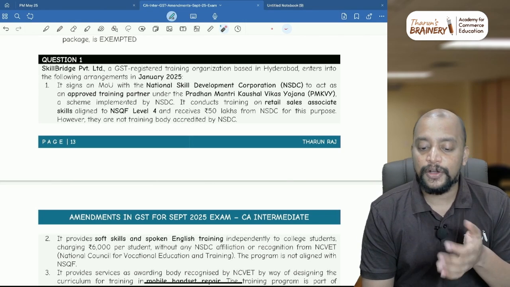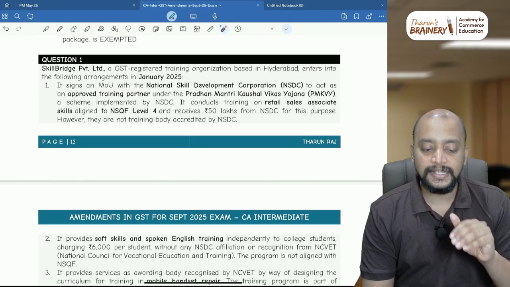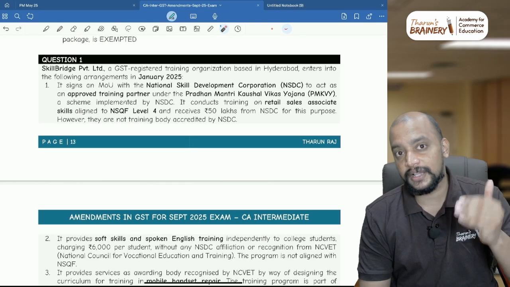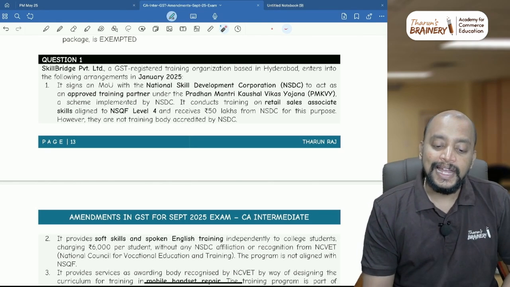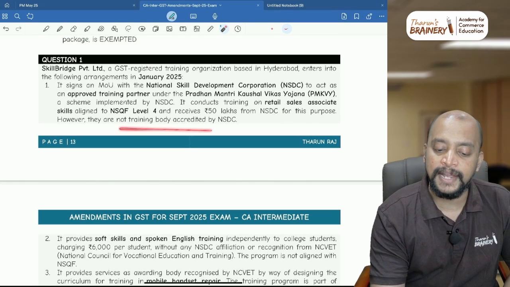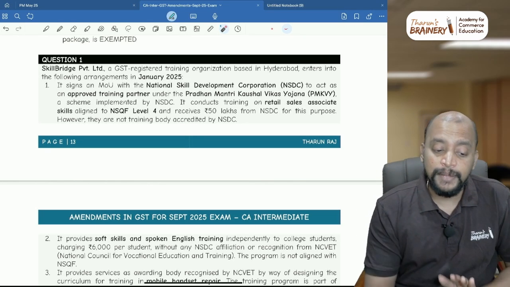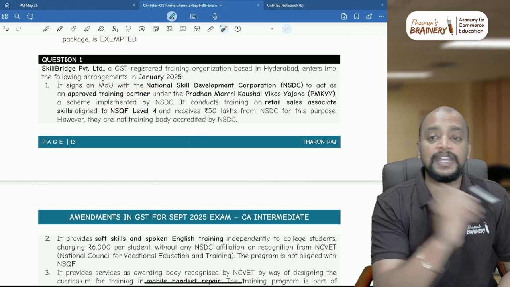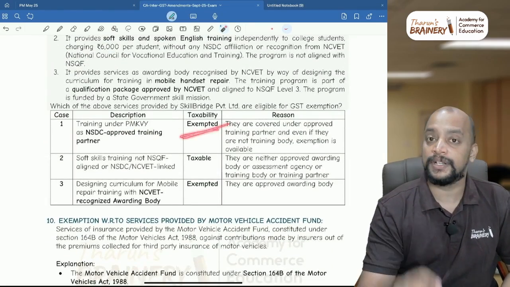It conducts training on retail sales associate skills aligned to NSQF level 4, that is called a curriculum. Like they will be giving level 1, level 2 like that, and receives 50 lakhs from NSDC for this purpose. However, they are not a training body accredited by NSDC. Even if they are not a training body, the money received by them is exempted because they are an approved training partner. So the first point will be exempted.